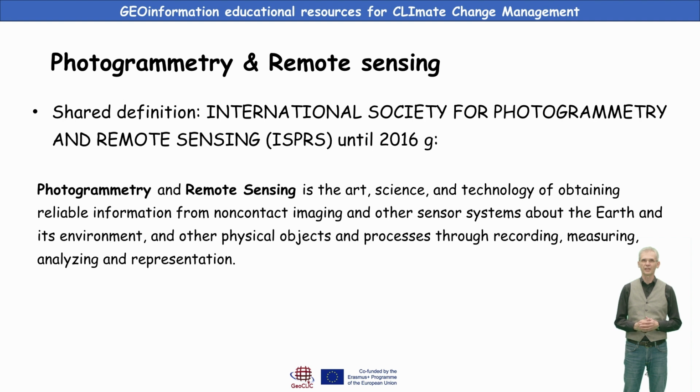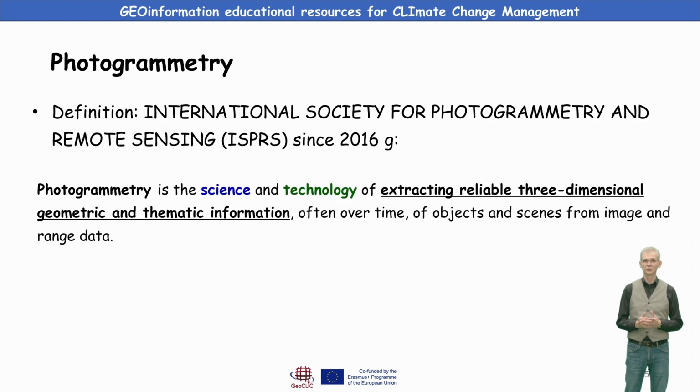So, photogrammetry and remote sensing is the art, science and technology of obtaining reliable information from non-contact imaging and other sensor systems about the Earth and its environment, and other physical objects and processes through recording, measuring, analyzing and representation.